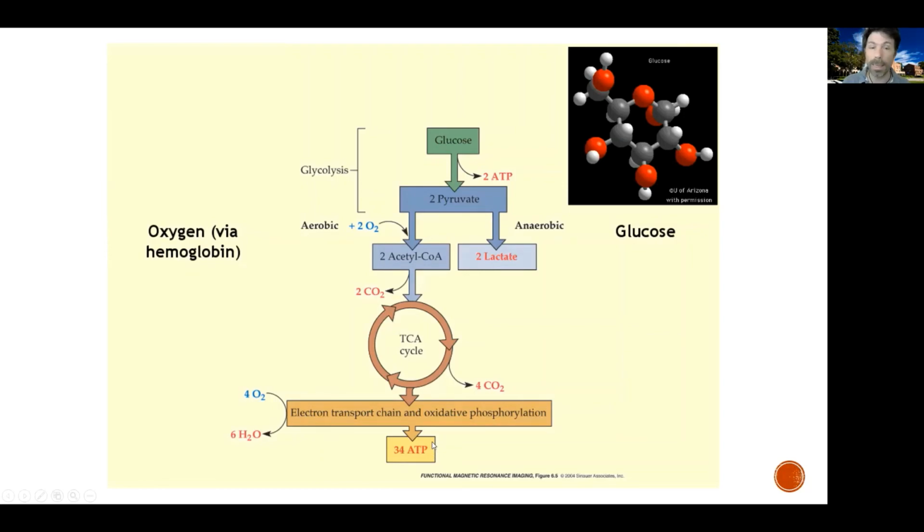And this is known as aerobic respiration. Aerobic because it makes use of oxygen. So there are these 2 different pathways, and some of these items are relevant to the next discussions we're going to have throughout today's lecture.